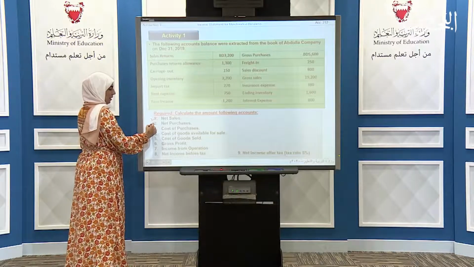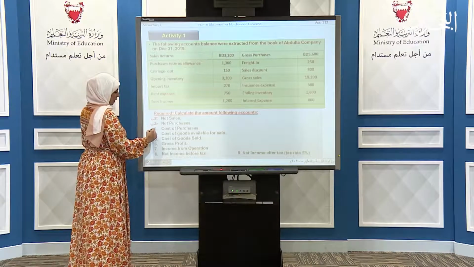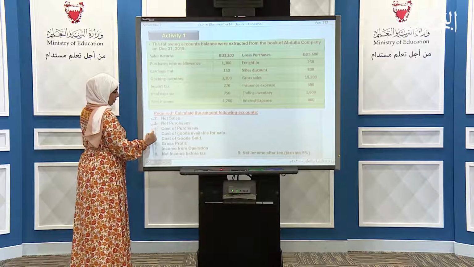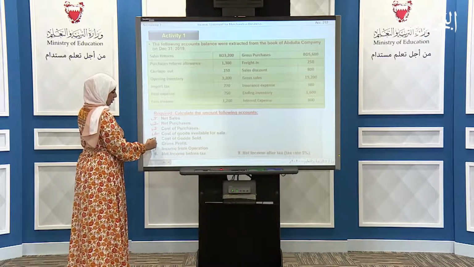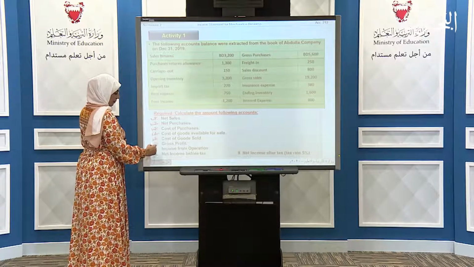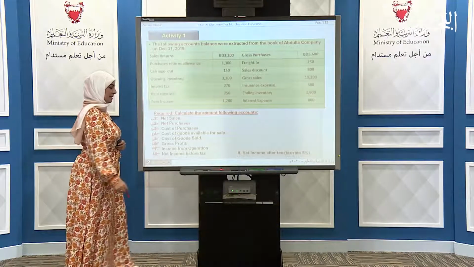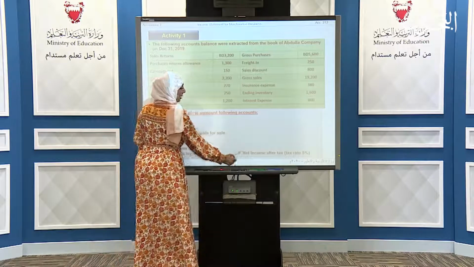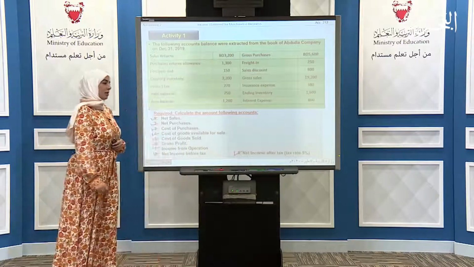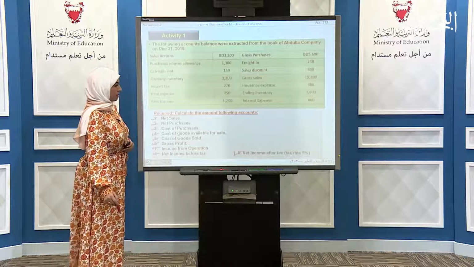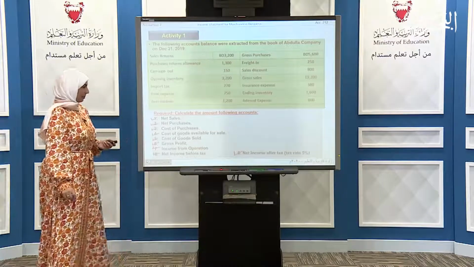Second, the net purchase, and also the cost of purchase, cost of goods available for sale, cost of goods sold, the gross profit, income from operation, net income before tax, and finally the net income after tax, and we should take the tax rate of 5%.